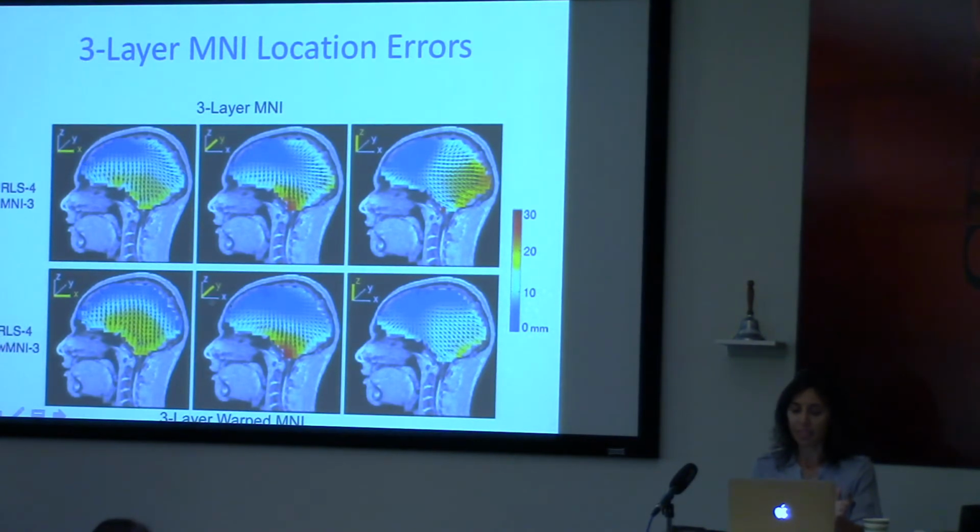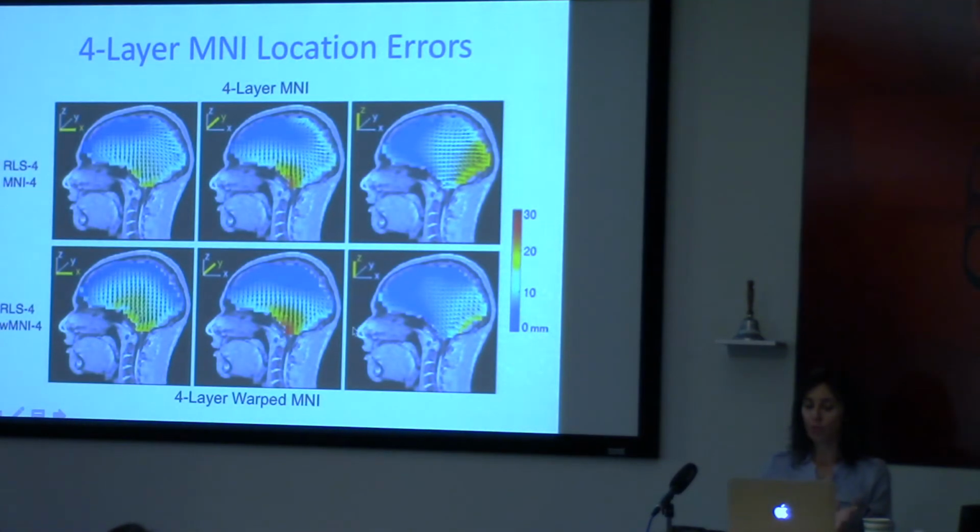And in the basal regions, again, we have higher magnitudes, because in the individual head model I used the whole head, whereas MNI models are actually cut down to the nose. So the basal regions usually have more errors than the cortical regions here.